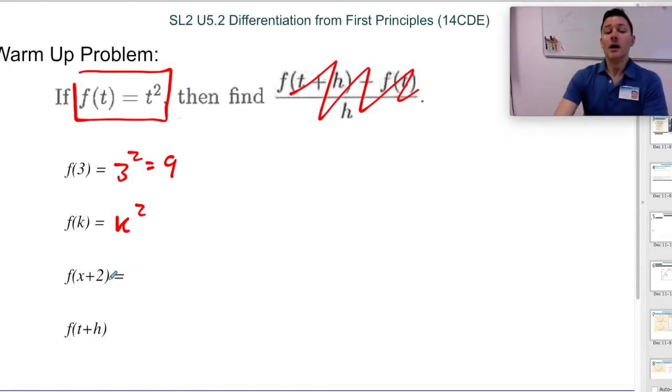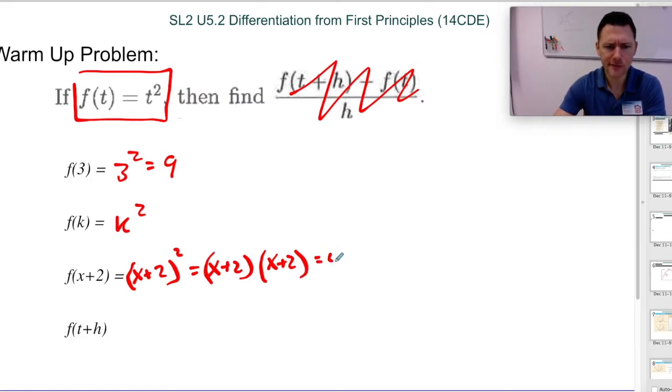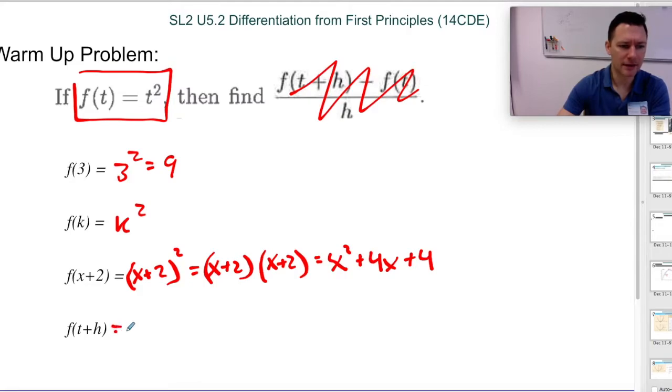f of x plus 2 is really x plus 2, the whole thing squared. Don't be the chump that drops that in there. It's x plus 2 times itself, right? So it's x squared plus 4x plus 4. And then this is the same thing.